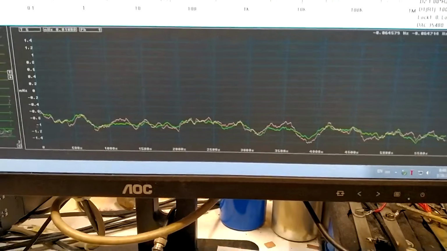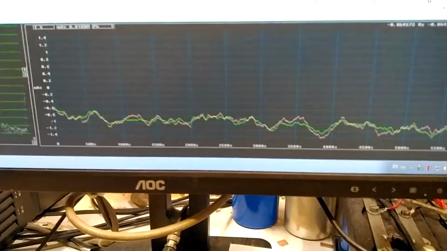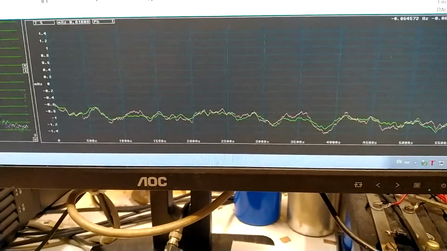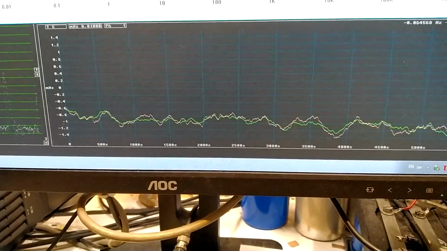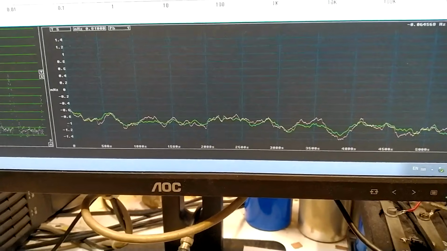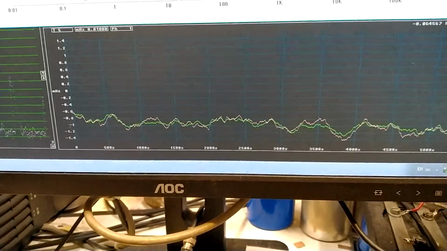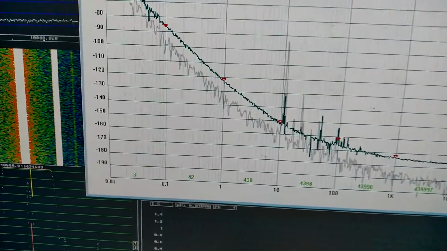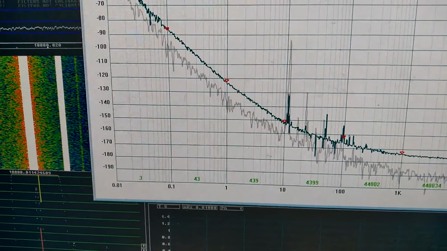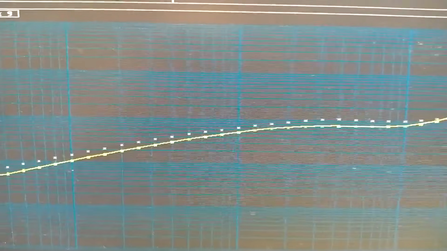This looks okay now. The green and the red trace follow each other reasonably well. I don't see any overshoots because of too long time constants. The phase noise is minus 122 dBc per Hertz.